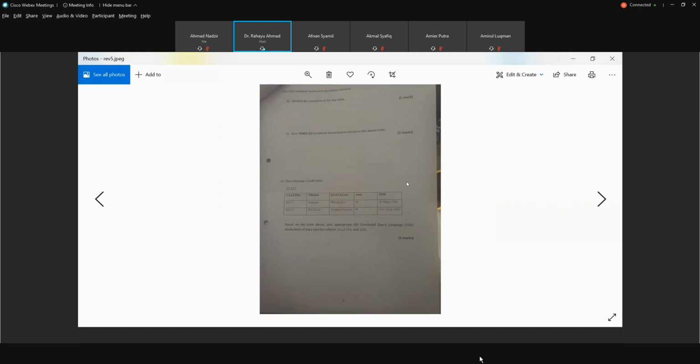Revision 5. Identify the normal form for the table. The table just now, the one with anomalies. Give 3 functional dependencies.